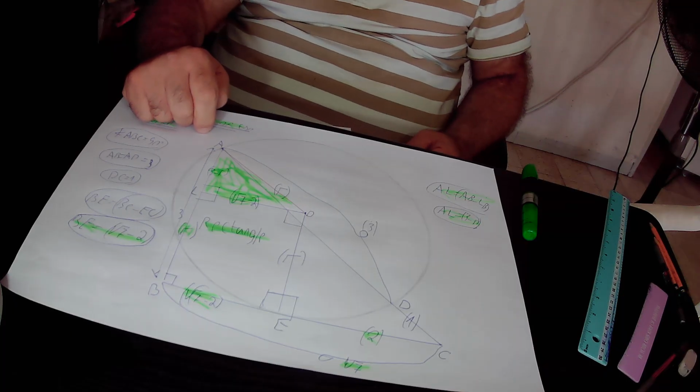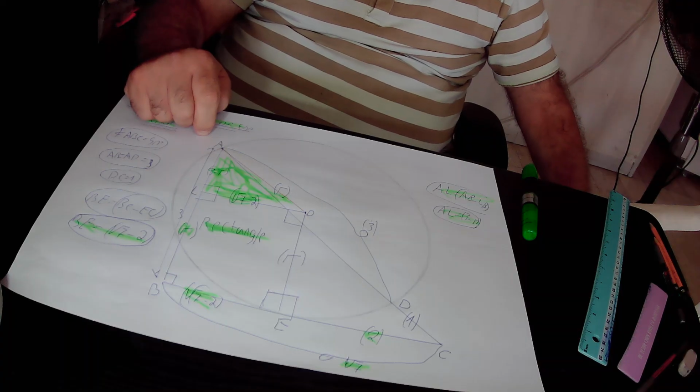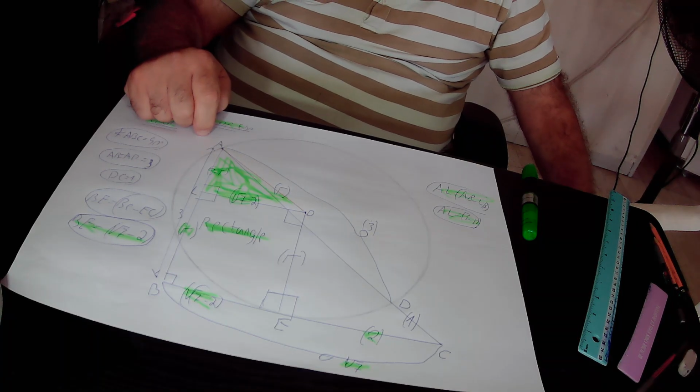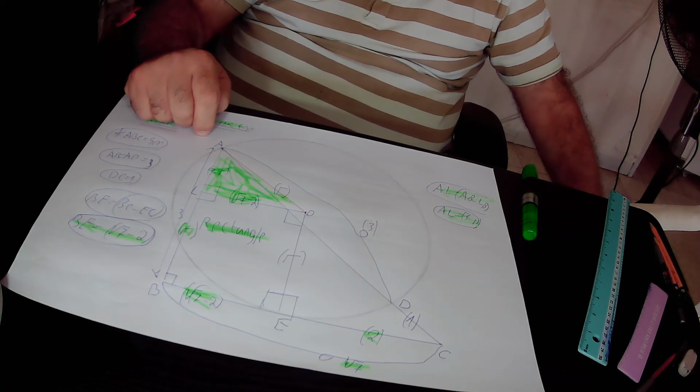So first of all, we implemented rule 25 in our drawing. Actually, rule 25 is also defined as the second tangent secant theorem.